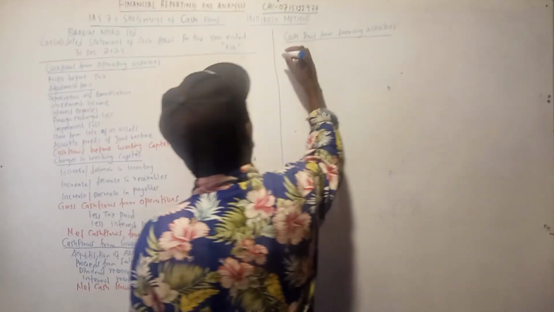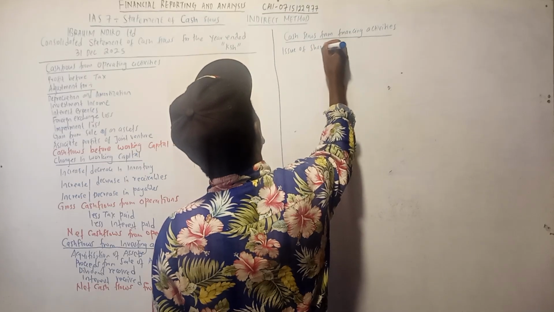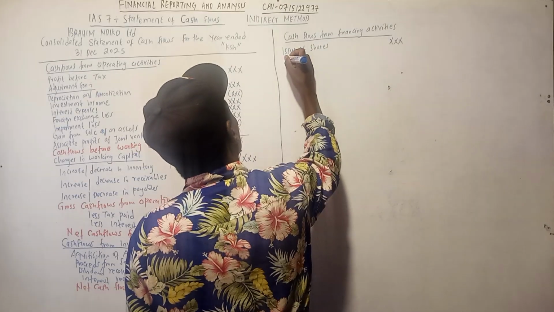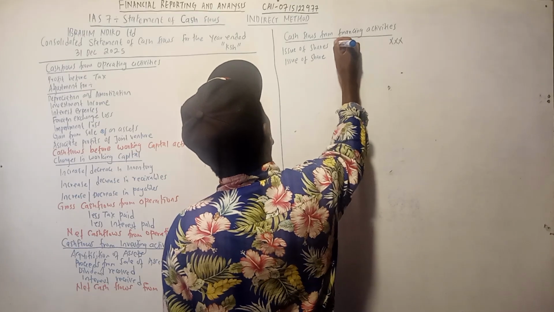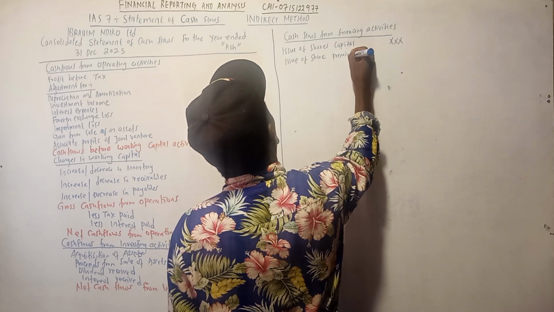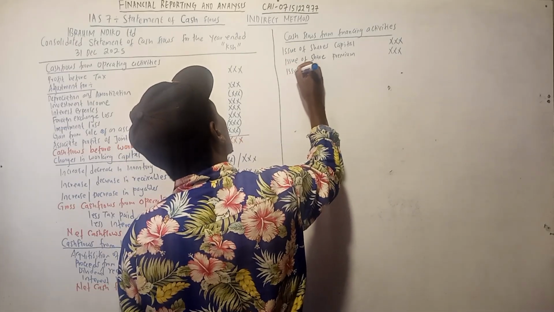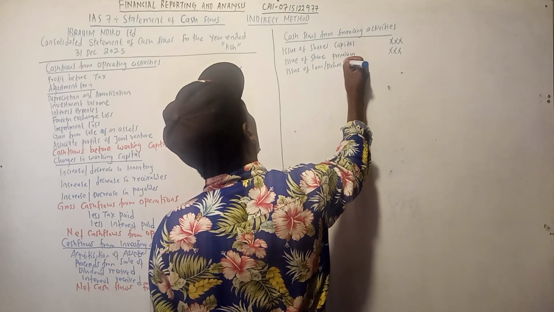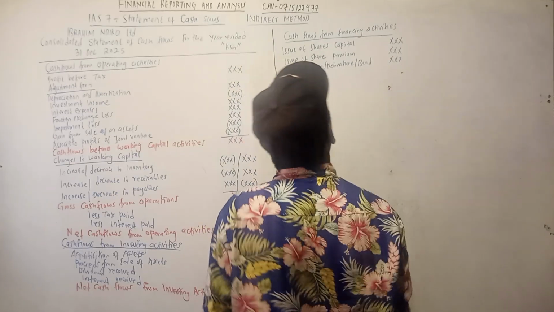So we can have the issue of shares, issue of share capital and share premium. We have issue of loan or debenture, stock debenture, stock bond.